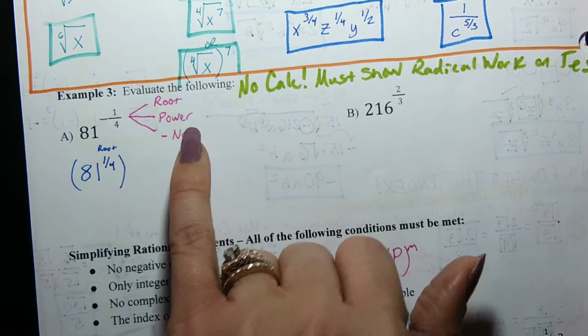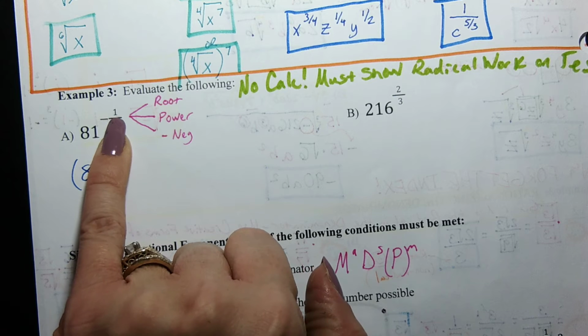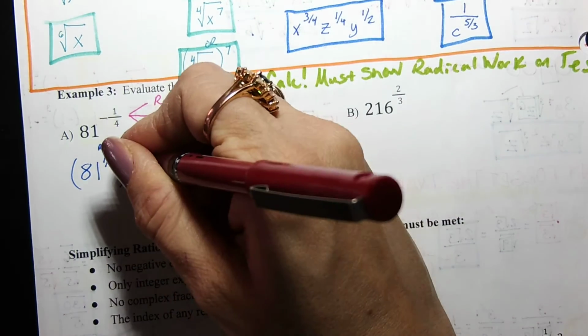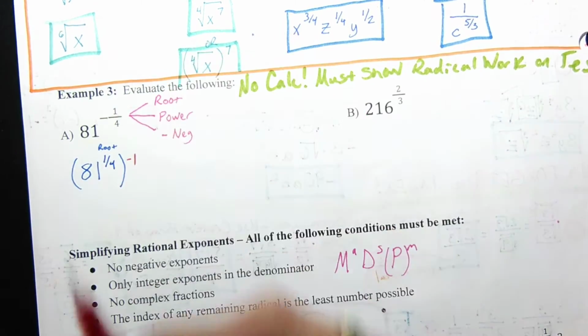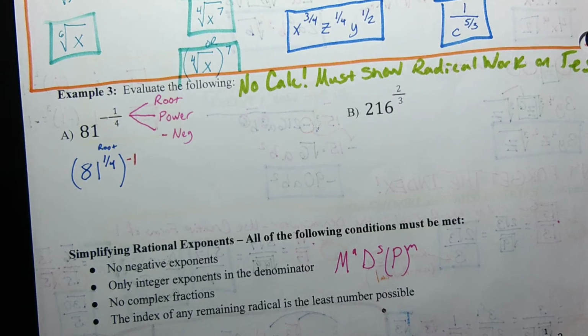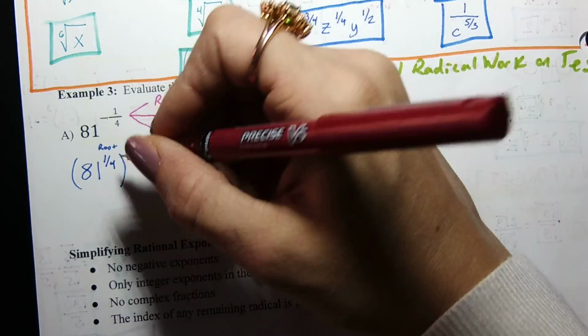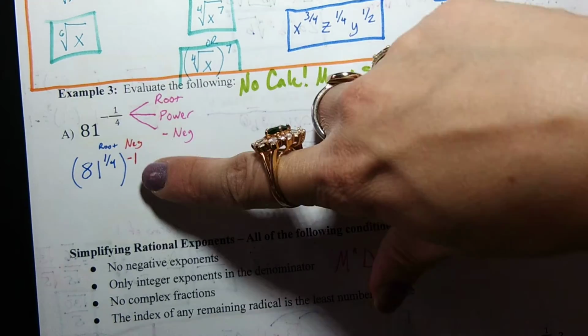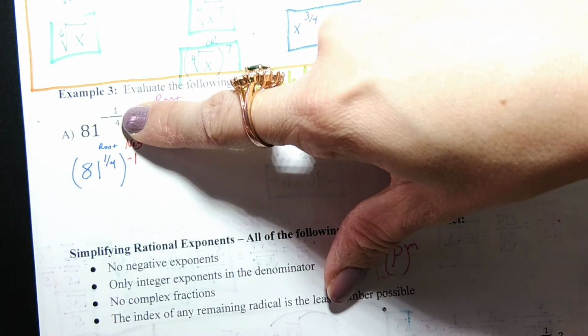Then I don't have an additional power, like I don't have a 3 in the numerator for power divided by index, so the power is just 1, and it doesn't really matter. Now, do I have a negative power? Yes. So we would raise this to the negative 1. Is this the same as what we started with?